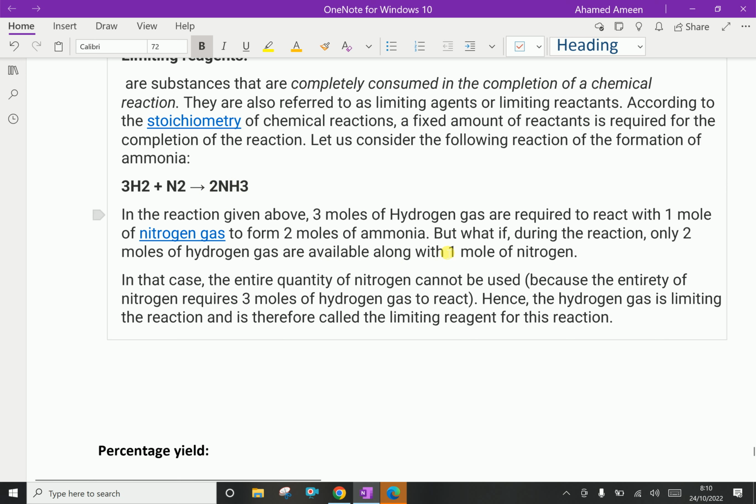For example, what if during the reaction only 2 moles of hydrogen gas are available? For this reaction, instead of 3 moles, only 2 moles are available, along with 1 mole of nitrogen.